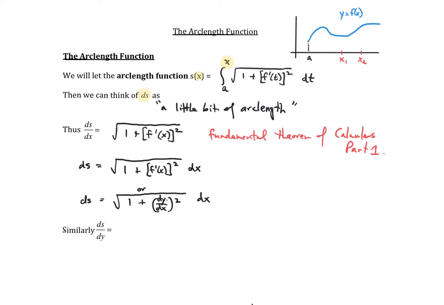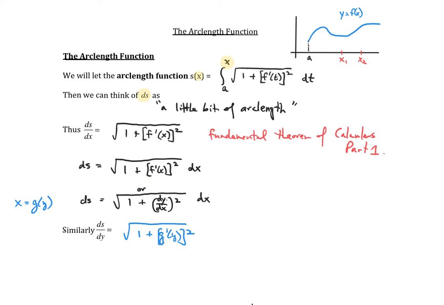The great thing about this is that if I wanted to describe my function not with x as the independent variable, but with y as the independent variable, in other words, we're pretending that we have some function that looks like x equals g of y, then we can write ds dy as the square root of 1 plus g prime of y quantity squared.